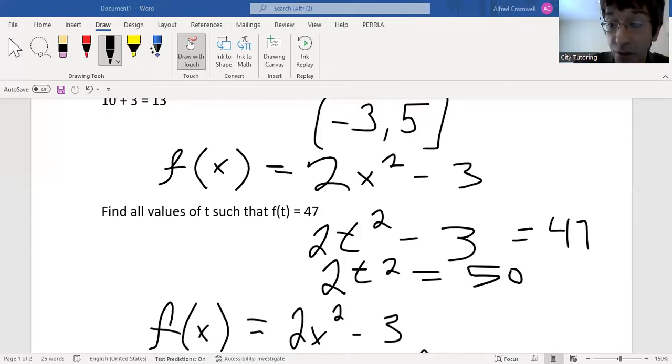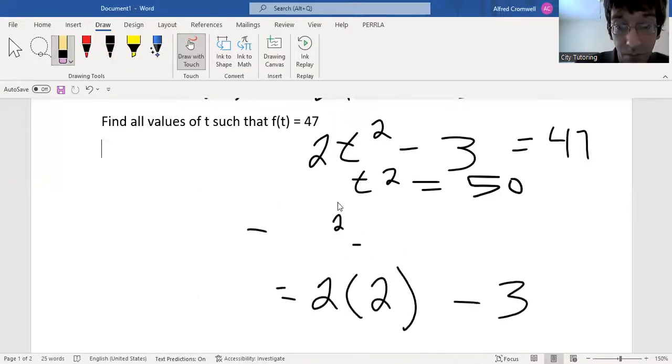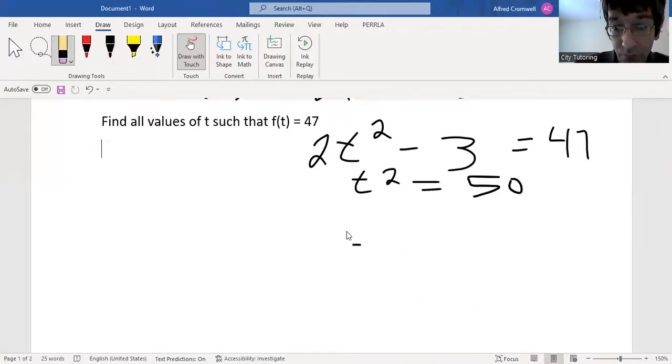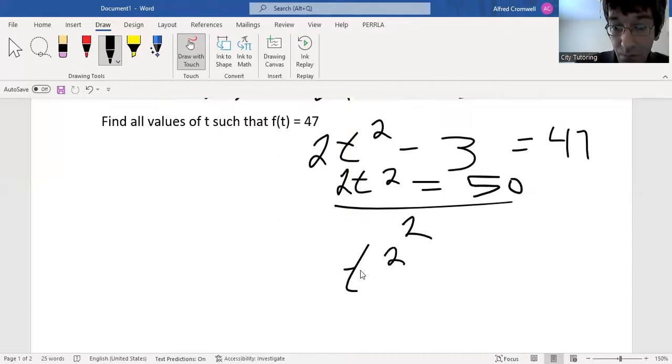You're going to get t squared equals 25. And so the two values of t that satisfy this equation are plus or minus 5. t equals 5 and t equals -5.